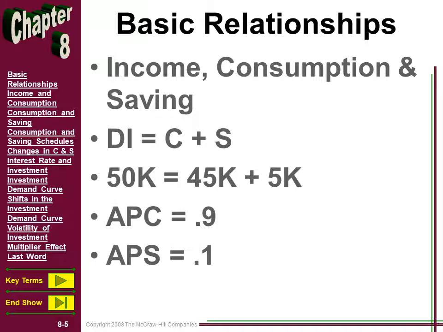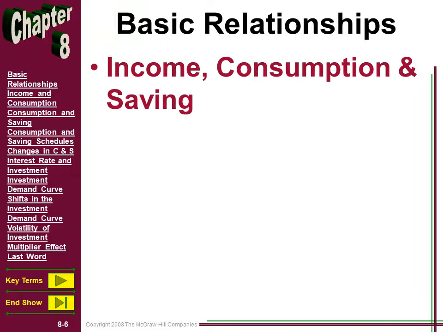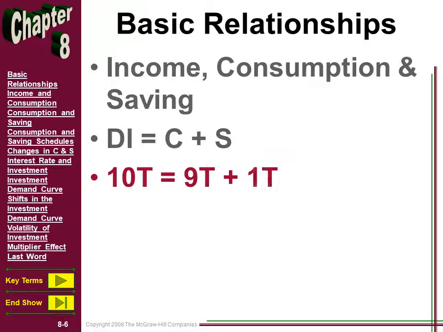We can use the same logic to explain the nation as a whole. As mentioned earlier, let's say the country generates $10 trillion worth of income, and that Americans spend $9 trillion of the $10 trillion worth of income generated from the economic activity and save $1 trillion. Therefore, the average propensity to consume for the entire nation is 0.9.